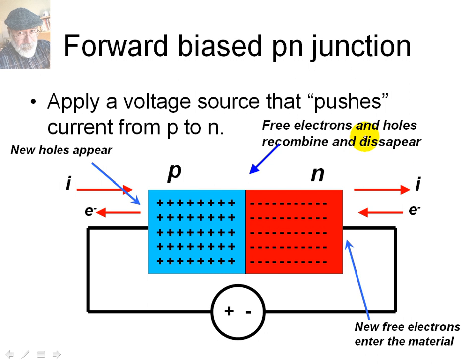Free electrons and holes, they recombine and they disappear. The motion of holes and electrons is facilitated by the electric field created by the external source. This is the way the p-n junction operates when it's forward biased. That process can continue forever.